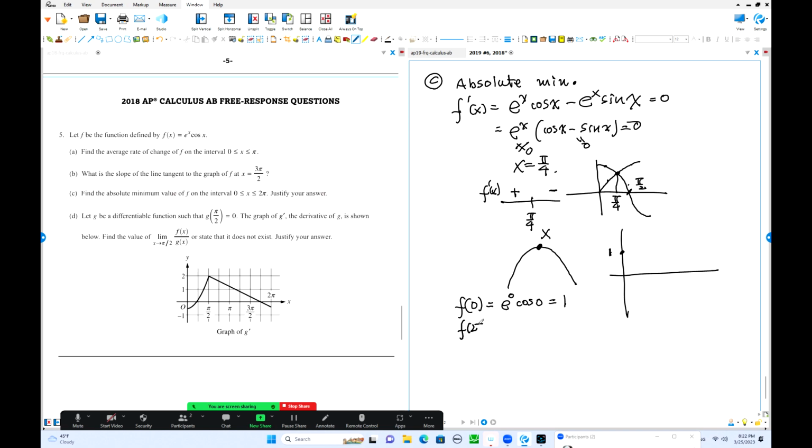F of 2 pi. Put this number: e to the 2 pi and cosine 2 pi. Cosine 2 pi is 1, right? Still 1. That is e to the 2 pi, okay? E to the 2 pi is greater than 1. That is the highest over here, right?